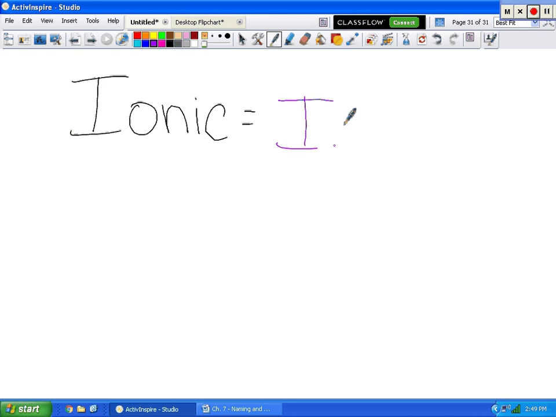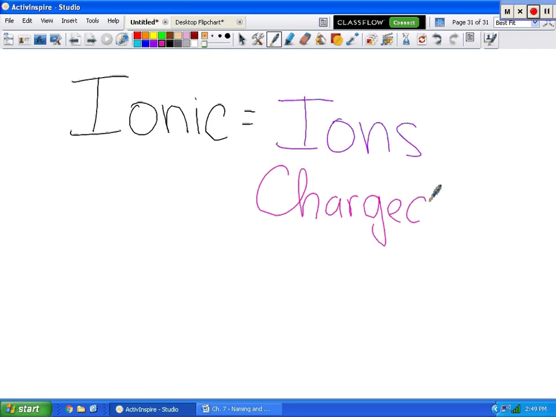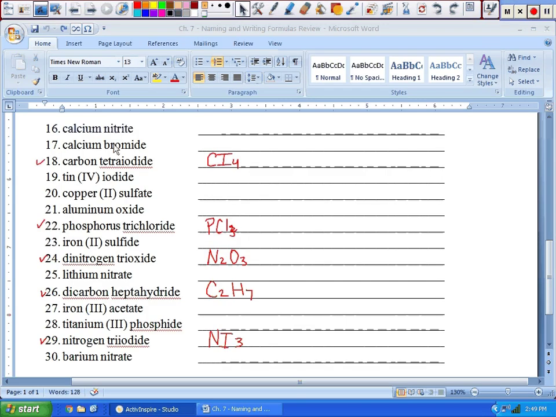Ions. And what are ions? Very good. Charged atoms. Now, what is a charge? What's the sign of a charge? Positive or negative? And I told you this yesterday. What made me the most upset with you guys is that whenever you wrote the answers to this type, I saw pluses and minuses all over the place.